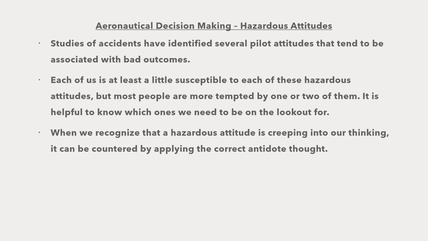We do that with ourselves. It's also important in a group activity like in a glider club to watch out for hazardous attitudes in other people. And when you notice the hazardous attitude in other people, instead of just thinking the antidote thought, it's often good to actually express that antidote thought to that person.